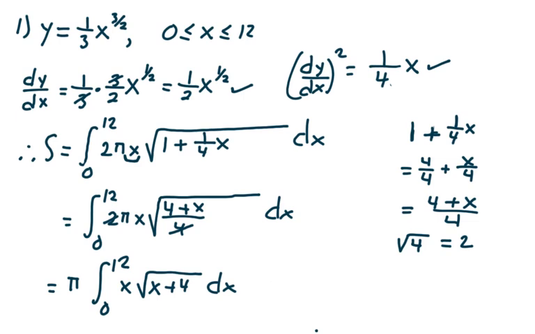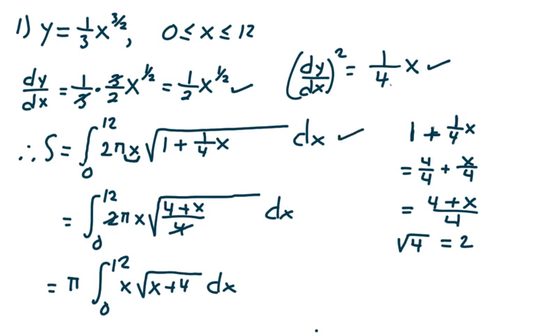So S is the integral from 0 to 12 of 2 pi times x times the square root of 1 plus (dy/dx) squared dx. But remember that (dy/dx) squared is 1/4 x. So S is the integral from 0 to 12 of 2 pi times x times the square root of 1 plus 1/4 x dx.